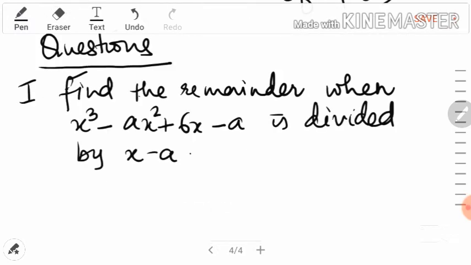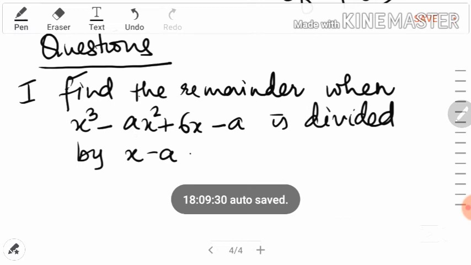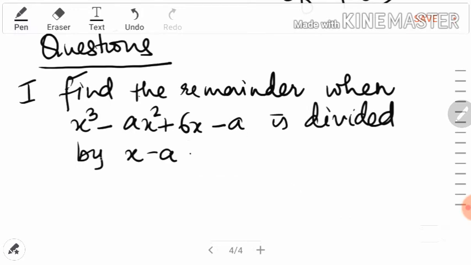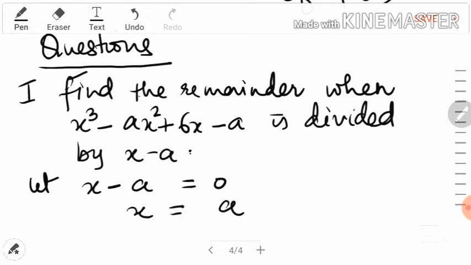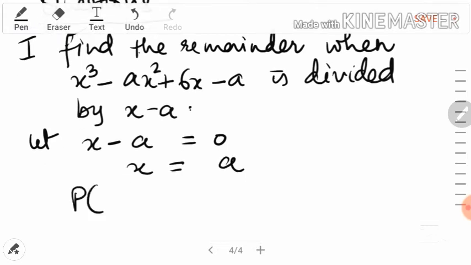Find the remainder when x cube minus ax square plus 6x minus a is divided by x minus a. In this question, x minus a is the divisor, so x minus a be equal to 0. So solving this equation we get x equal to a. Now we find the value of polynomial at a.